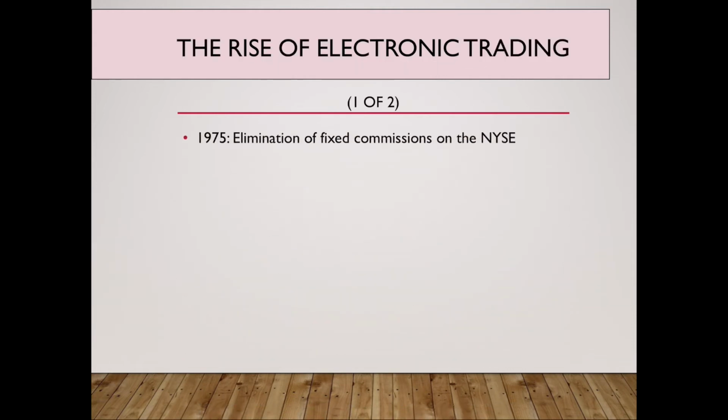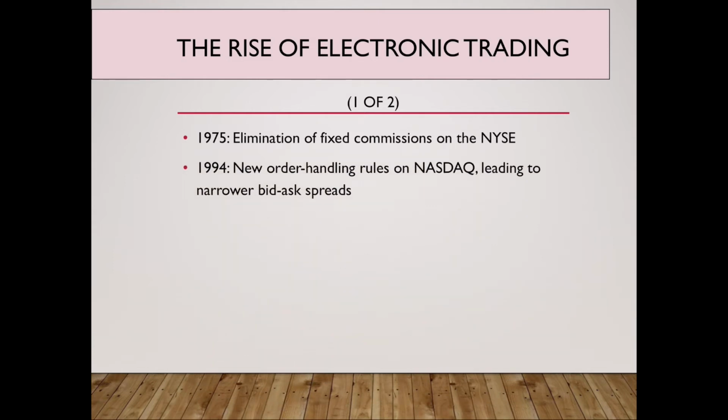In 1975, first there was an elimination of fixed commissions on the New York Stock Exchange. Basically, what this did was allow brokers to now compete on lower fees or lower commissions. So instead of having fixed commissions, these brokers could actually list what they were willing to charge for executing these trades. Then in 1994, the new order handling rules on NASDAQ led to narrower bid-ask spreads.